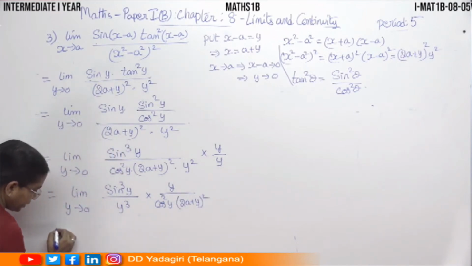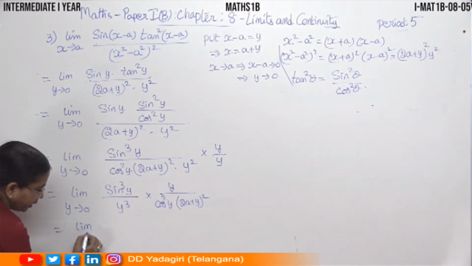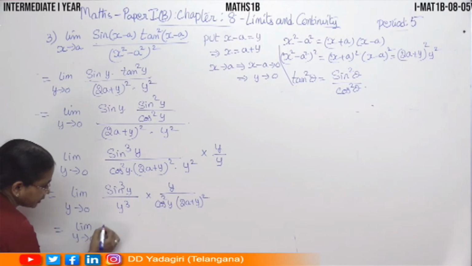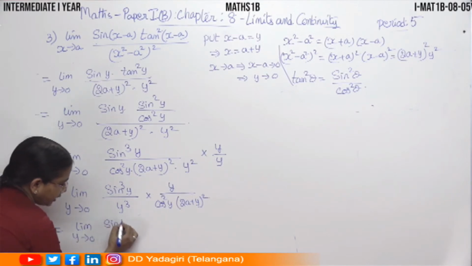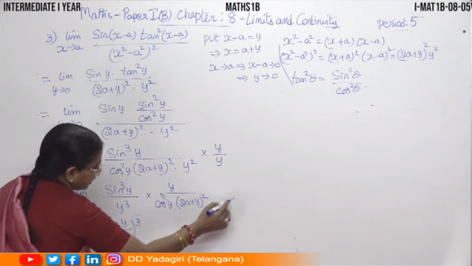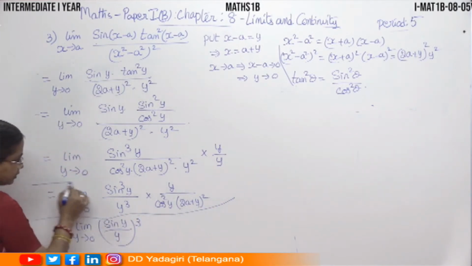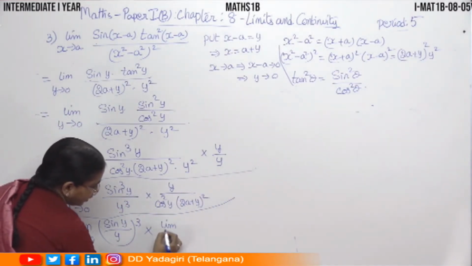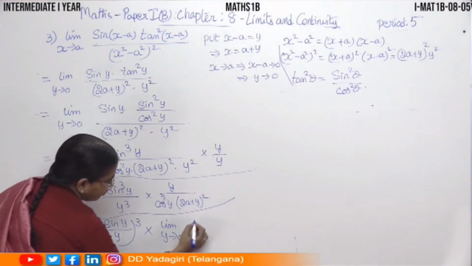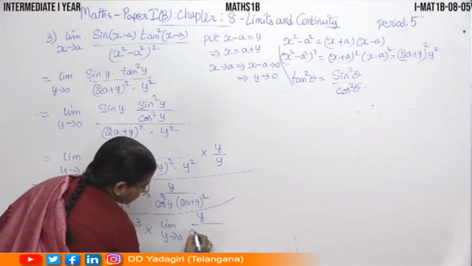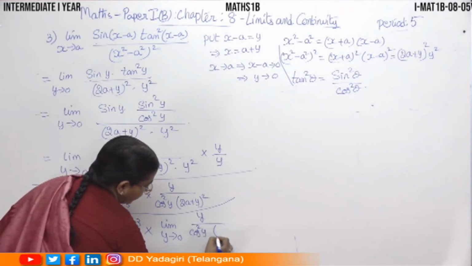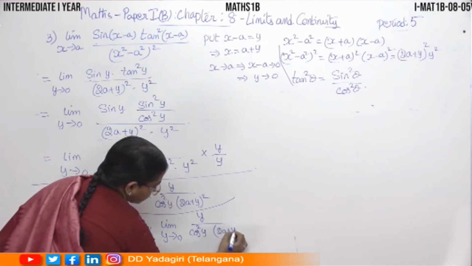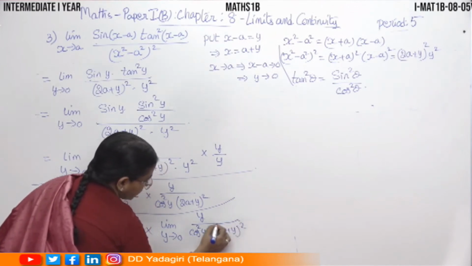Now we'll write the limits separately: limit of (sin y by y) whole cube, into limit y tending to 0 of y by cos² y into (2a + y)².